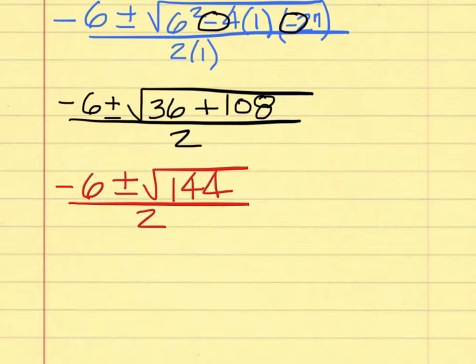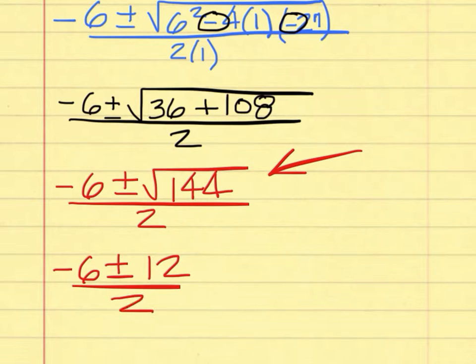And if you have a perfect square, then you can simplify it like this: -6 plus or minus 12 over 2. Square root of 144 is 12.